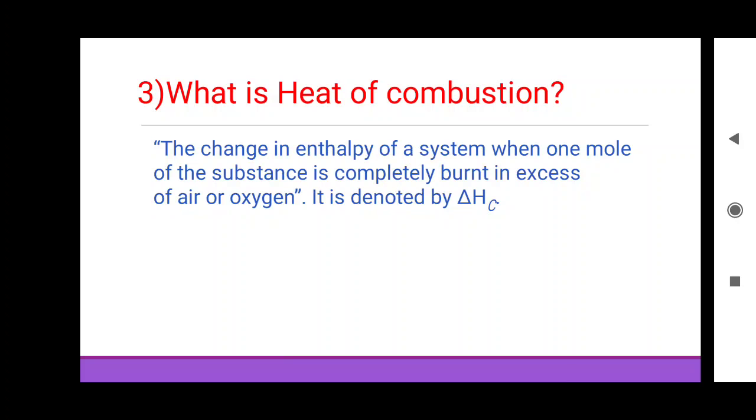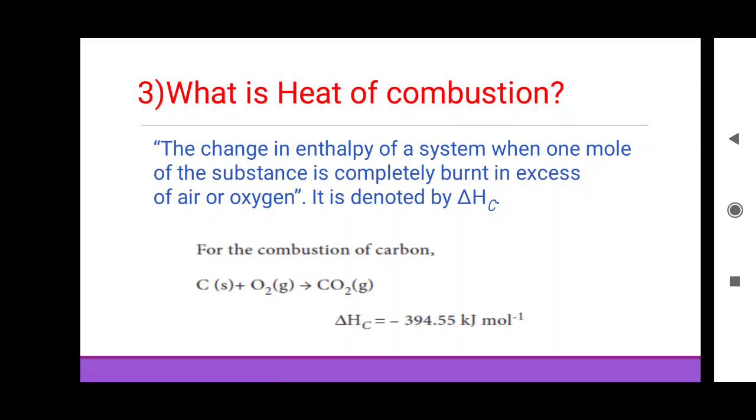For example, carbon reacts with oxygen, which is a combustion reaction. So we get carbon dioxide. So when 1 mole of a substance, that is carbon, is completely burned with oxygen, it gives carbon dioxide.